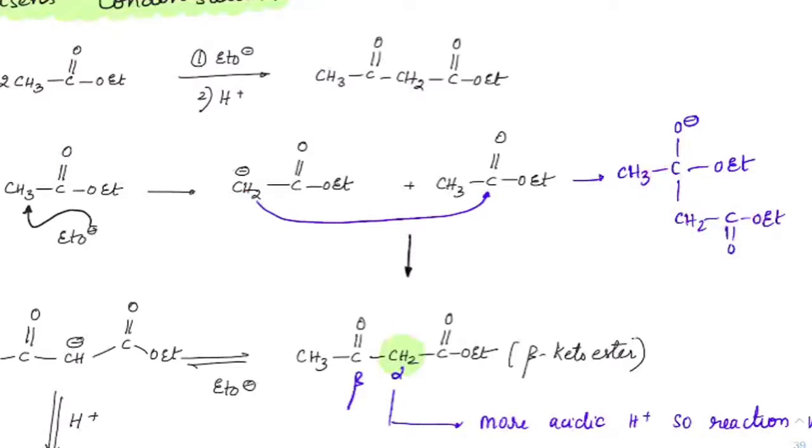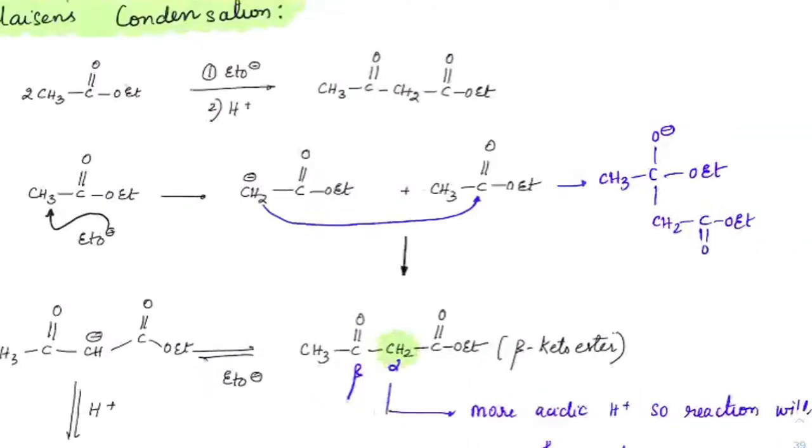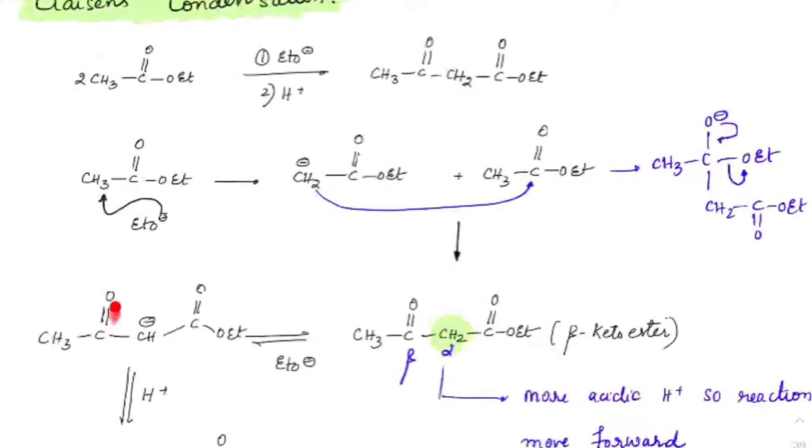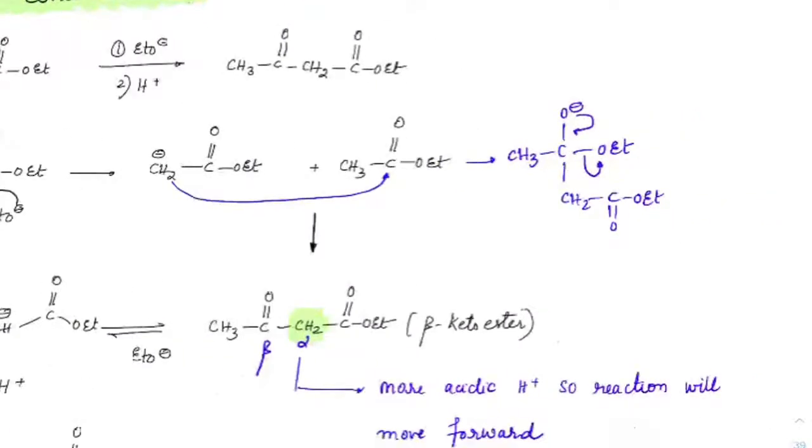Okay. So from there, once you have this, after hydrolysis you will get this as OH. After closing the bond here, we will get this as C double bond O. Once you get C double bond O, you can see EtO minus, which is a strong base.